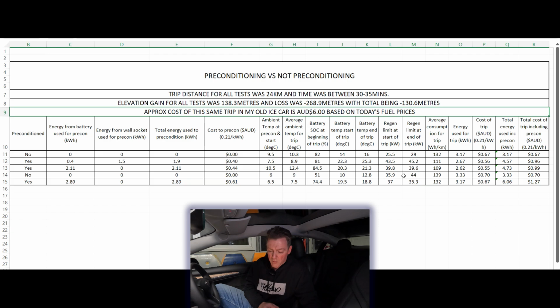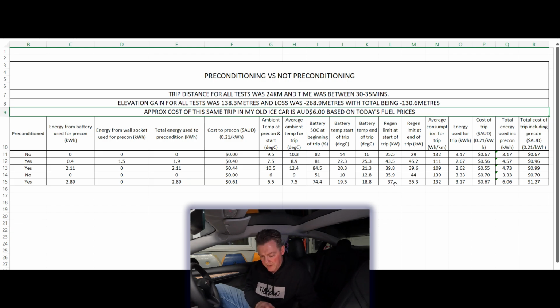So my prediction was that with reduced regen, when I got to work, because this trip had a lot of downhill, that would be the biggest factor. With 25.5 kilowatt regen, I thought, wow, that's not going to regen as much and it's really going to affect the efficiency. But it didn't have as much of an effect as I thought.